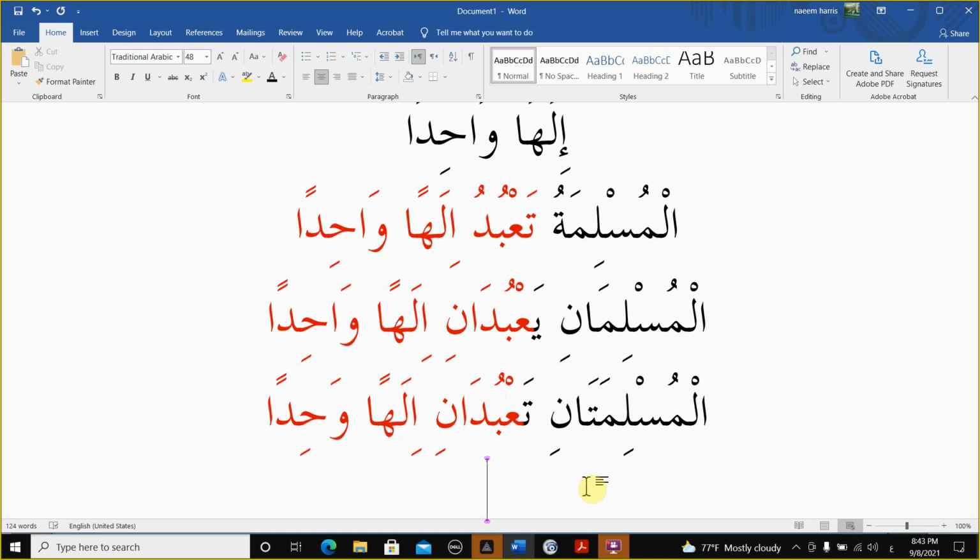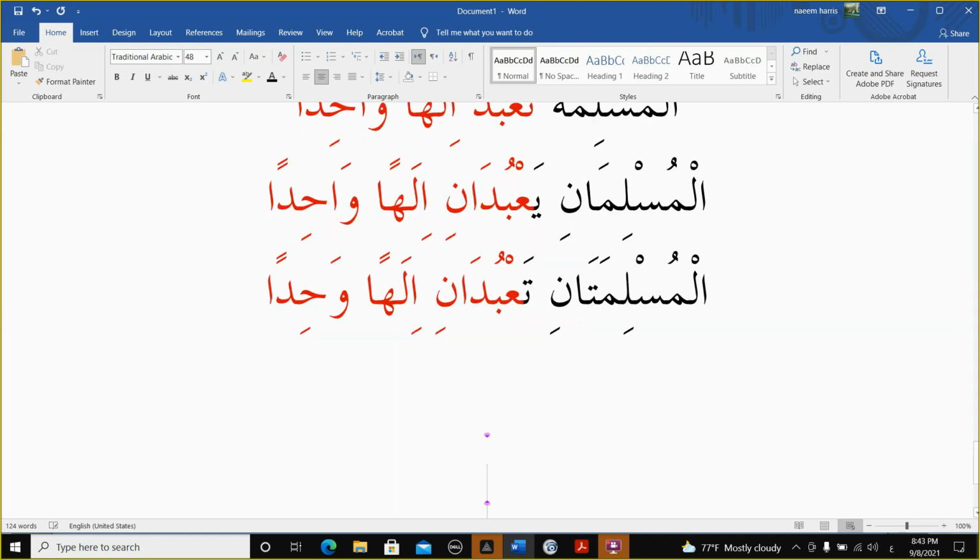Also in the dual, if it's masculine, ya. Feminine, ta. And when it gets to the plural, it becomes a little tricky. But singular feminine, ta. Singular masculine, ya.